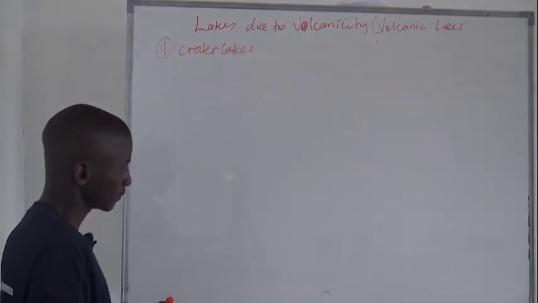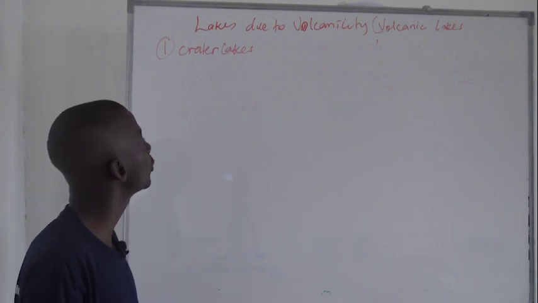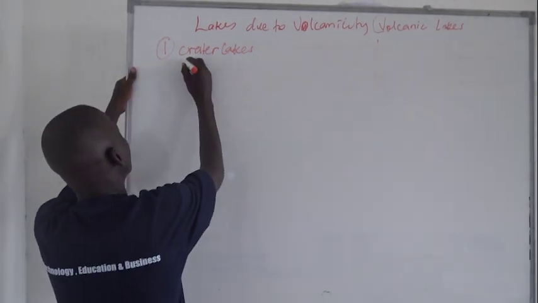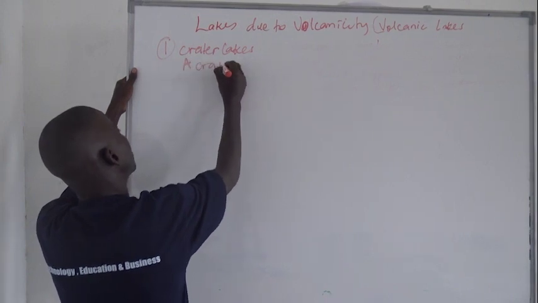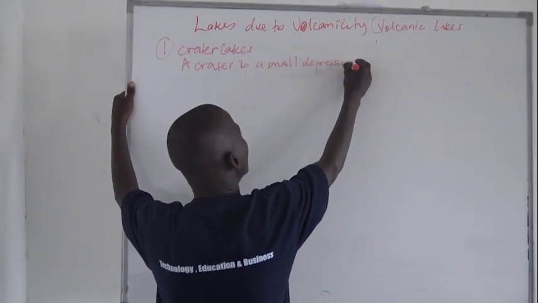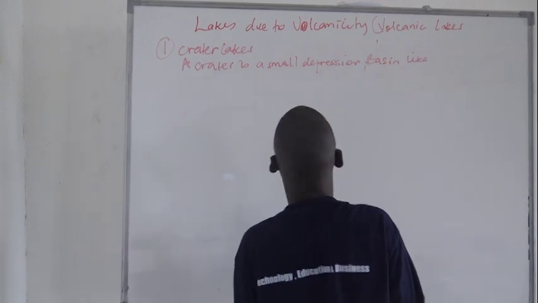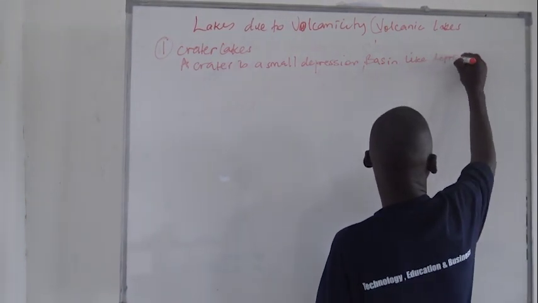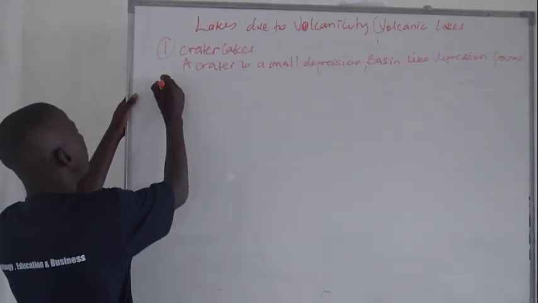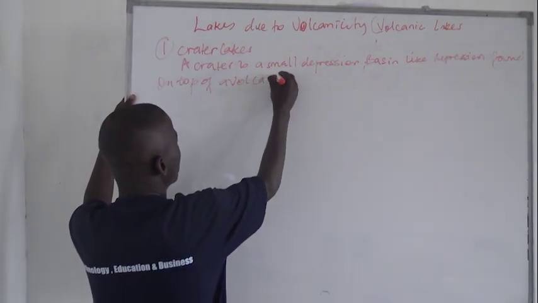The crater lakes. Now, a crater is a small or basin-like depression found on top of a volcanic mountain.